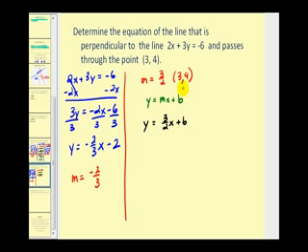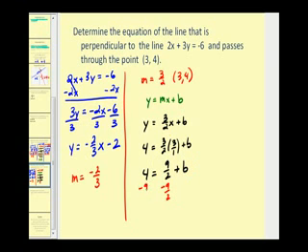This point is on the line, therefore this point is a solution to this linear equation. So we'll replace y with 4 and x with 3. I'm going to put 3 over 1 since it's a fraction. So we have 4 equals, this would be 9/2 plus b. So we'll subtract 9/2 on both sides.